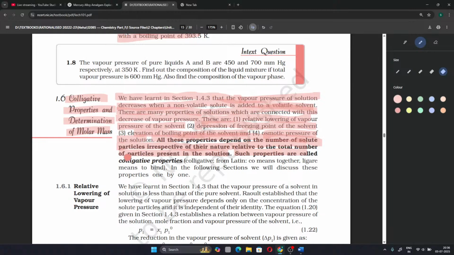Such properties are called colligative properties, the properties which depend only on the number of particles. Colligative is from Latin, co means together, ligare means to bind. In the following sections, we will discuss these properties one by one.